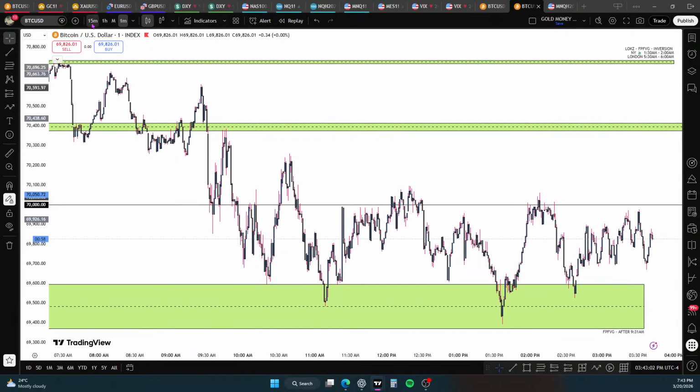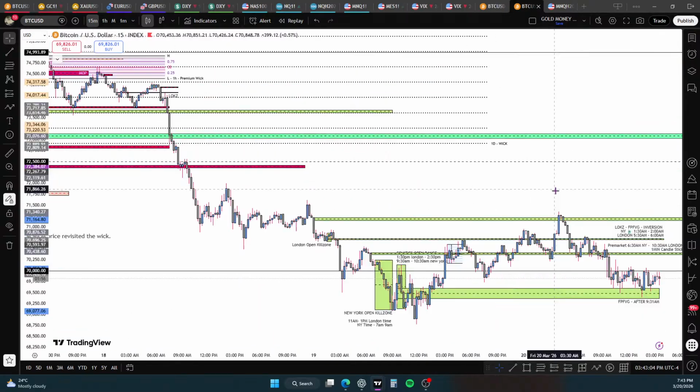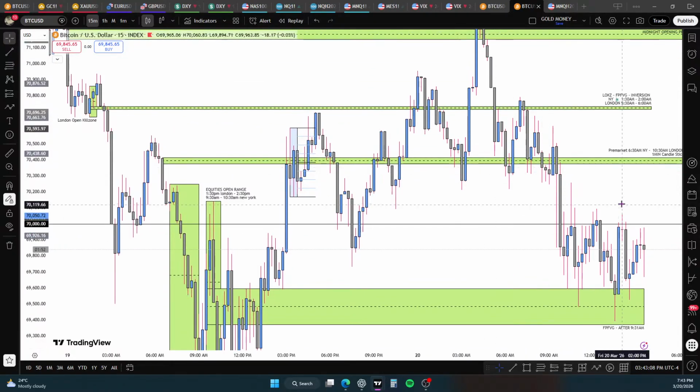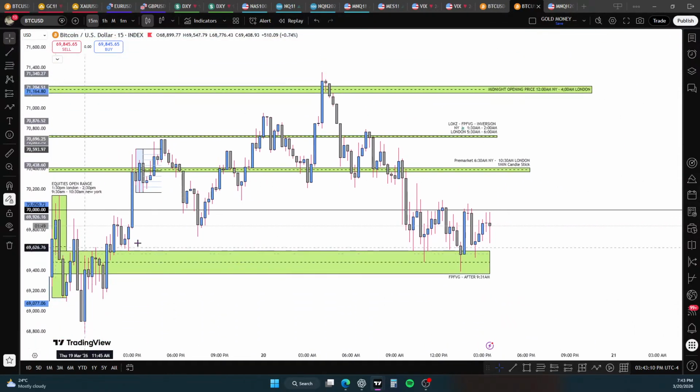But then if I go to the 15-minute time frame, you can see in this kind of consolidation here, you have one, two, three wick lows and also three drives and attempts in price to go lower.